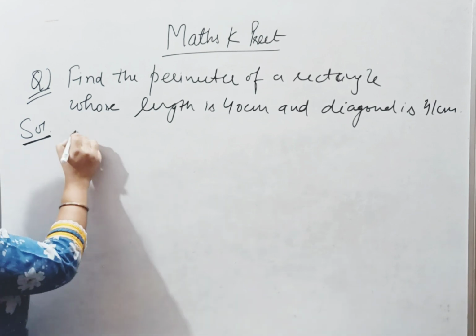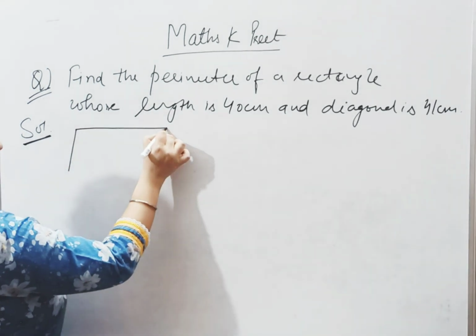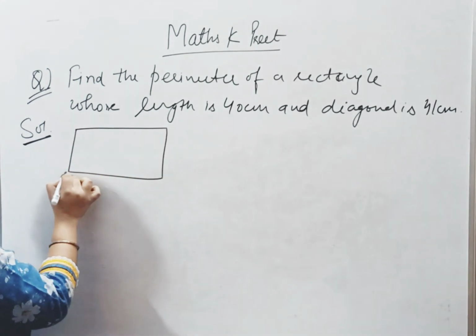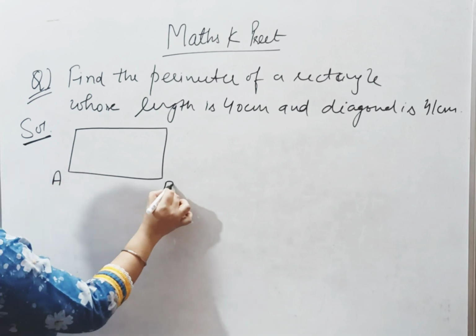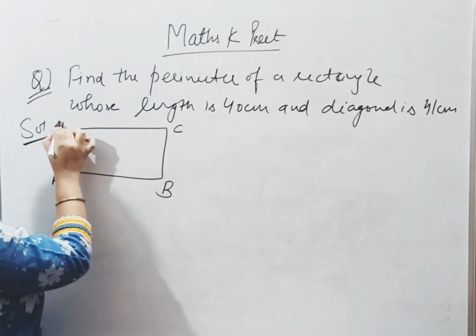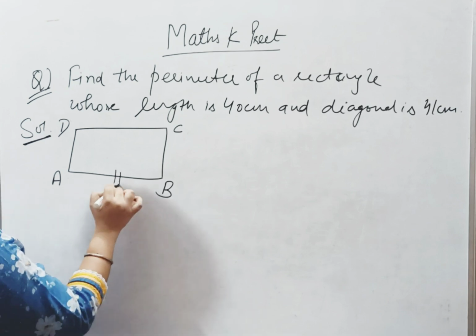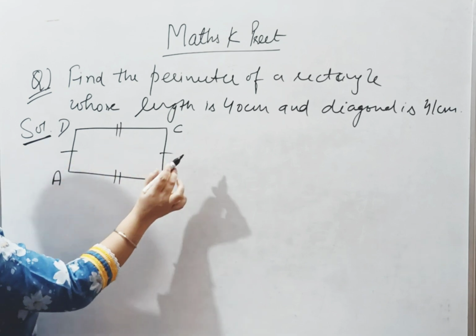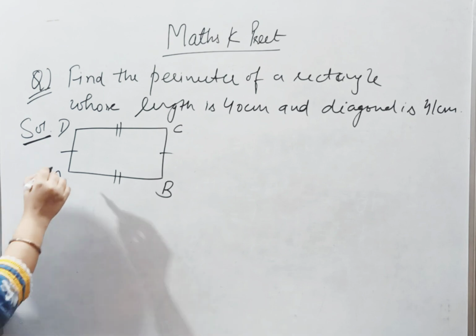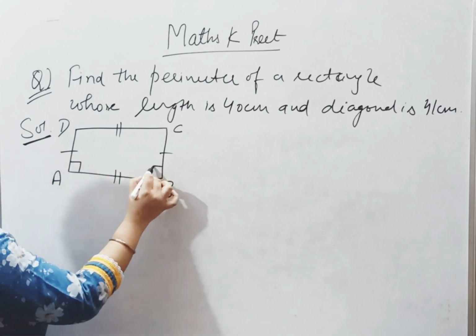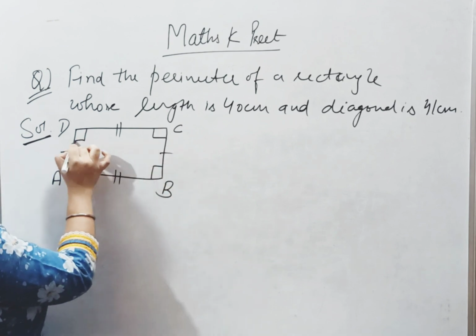So first we will draw rectangle here, ABCD, with two pair of parallel sides in which two opposite sides are equal to each other. This side is equal to this side is equal to this side, and the angles at the vertices are what? 90 degree.